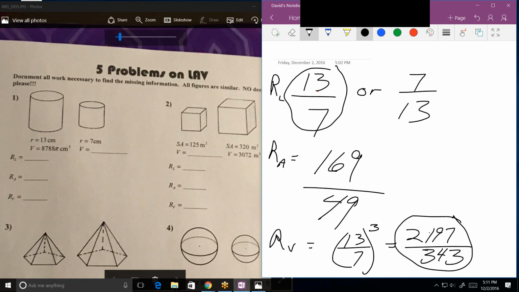So that, big to little, has to equal the volume they give us, 8788 pi over x. And then just solve for x. In other words, whatever the math comes out to be for that.